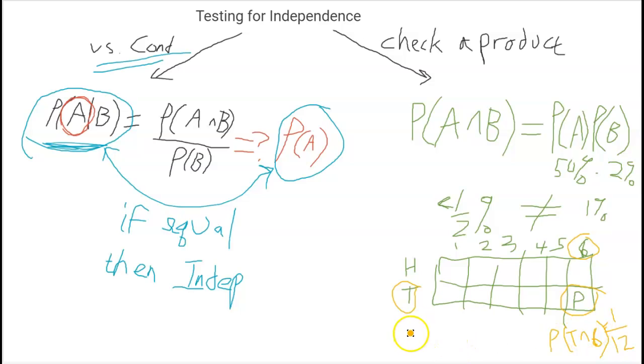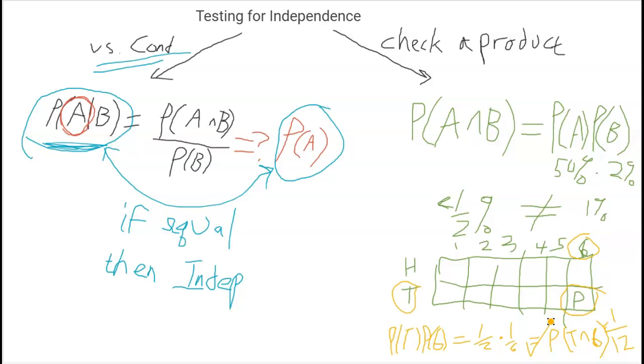The probability of a tail, that's a half. And the probability of a 6, well, there's 6 possible outcomes there. Let's check the product: 1/2 times 1/6. Yeah, that's equal to 1/12. Check mark. We do have independence when we have a coin and a die.